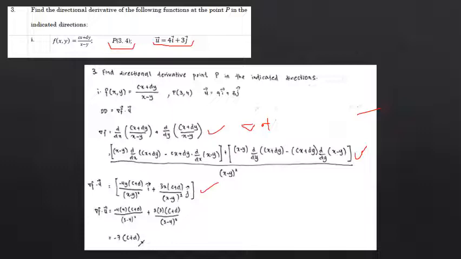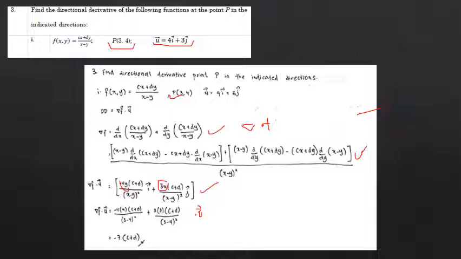So where we find the negative 4 and negative 3, from the point P. After that, we take the dot product with vector u.